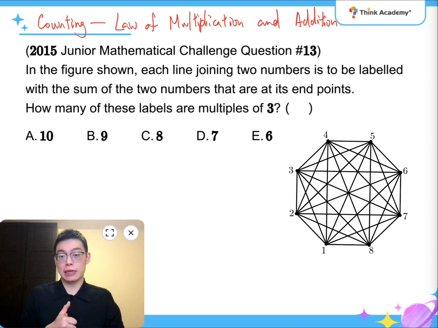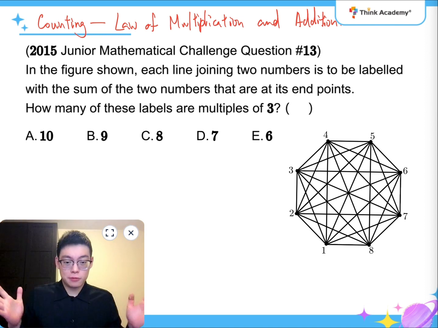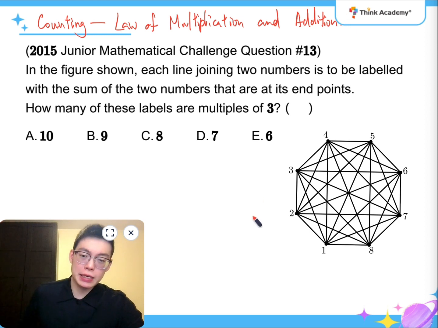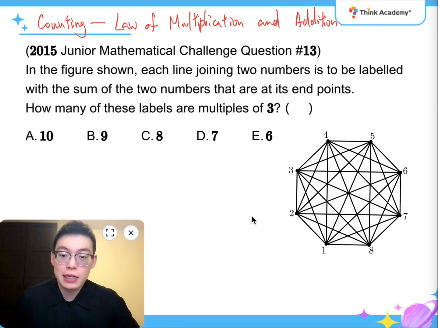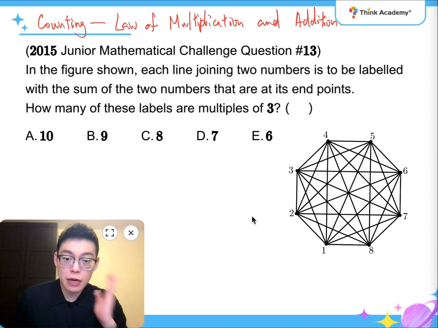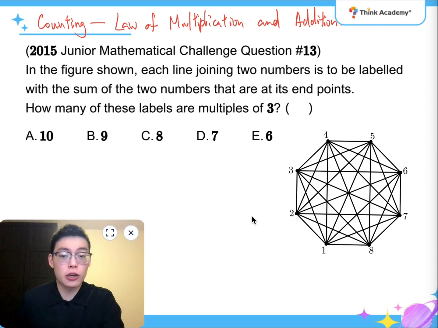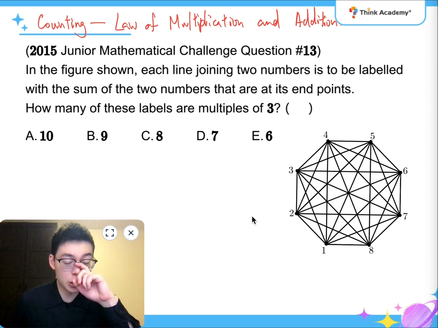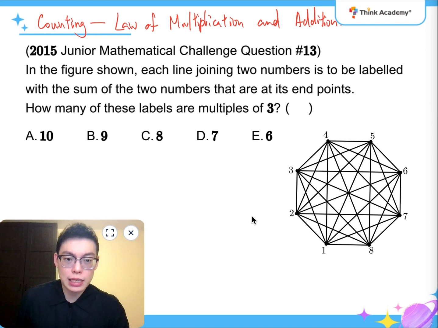For example, if I am just trying to buy a meal deal, then I have different choices for the mains, different choices for the drinks, but I need to choose both of them, so I multiply them up. But if I'm choosing either a drink or a main, I'm adding the choices up. So if I have 3 choices for the drinks, 2 choices for the main, altogether, if I'm just choosing either of them, it's going to be 5 different choices I have, right? So that's the idea of it.